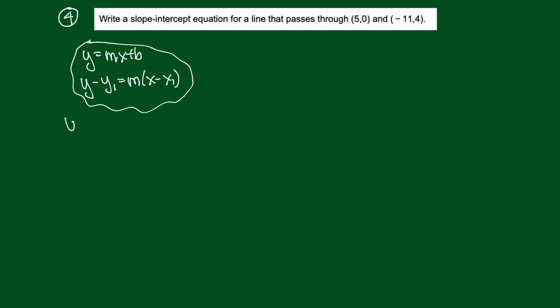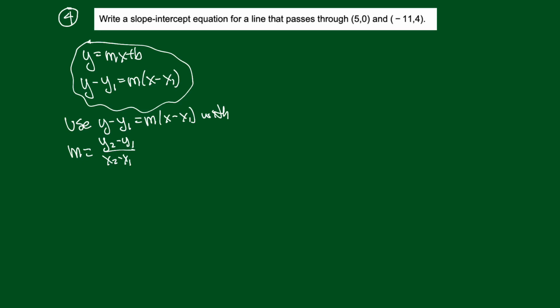So I'm going to use y minus y1 equals m times the quantity x minus x1 with m equal to, now I don't have the slope, but I have 2 points. So I'm going to use the slope formula for this, which is y2 minus y1 over x2 minus x1.